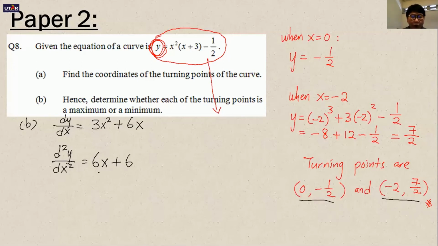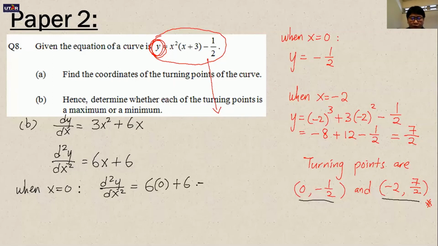What is the x coordinate of the first turning point? 0. First turning point, x equal to 0. So the second derivative value will equal 6 times 0 plus 6. Of course you get 6.